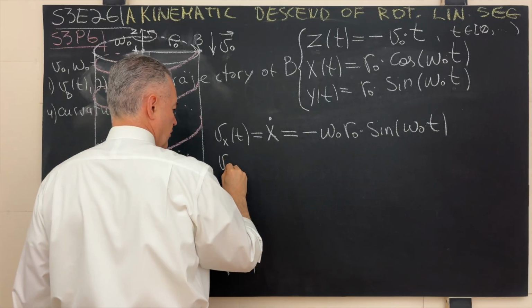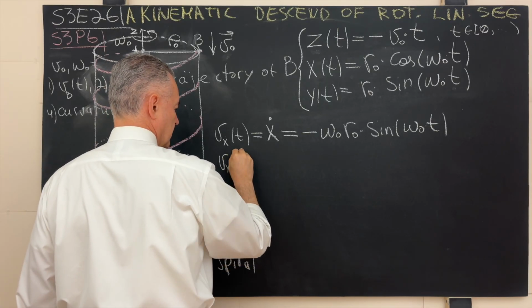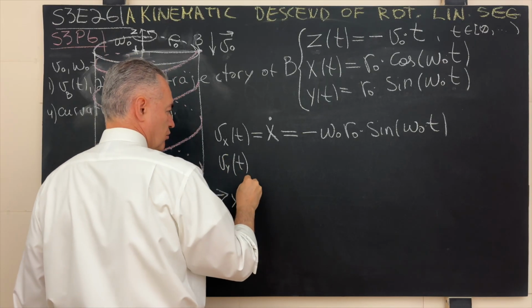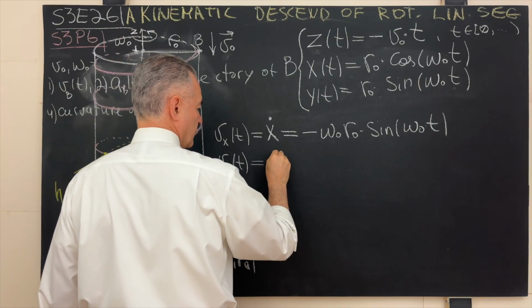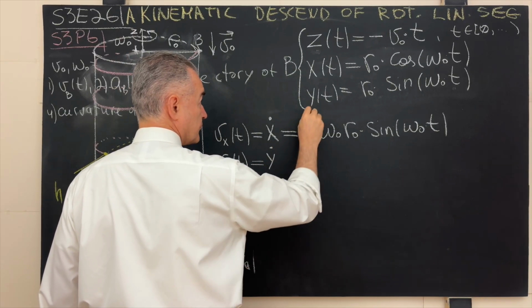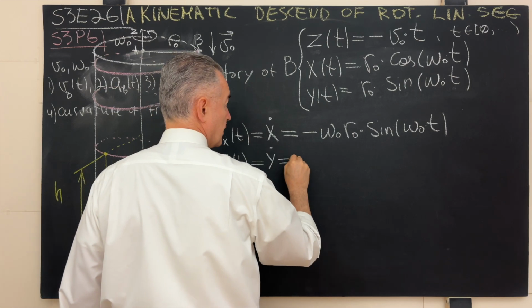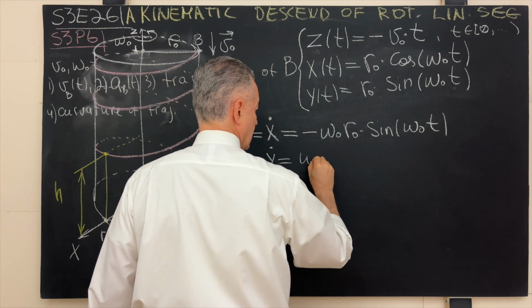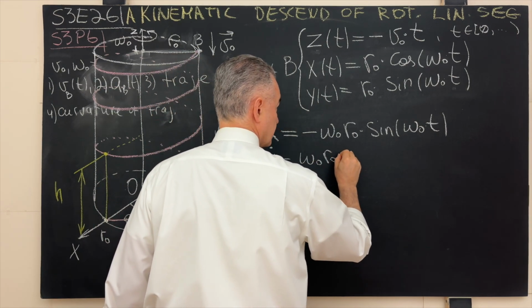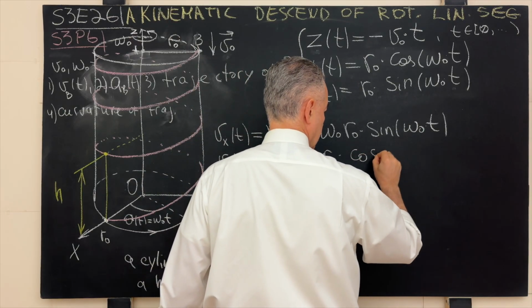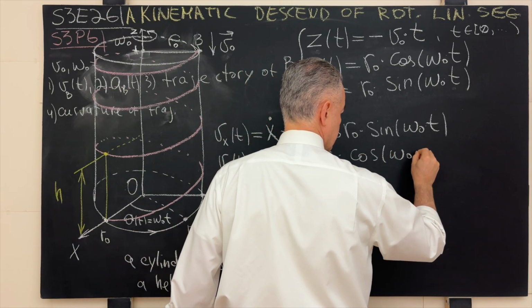Then for the y component of the velocity of the point B, we have the first derivative of the y coordinate. It will be omega 0 r 0 times the cosine. Here the trigonometric functions flip.